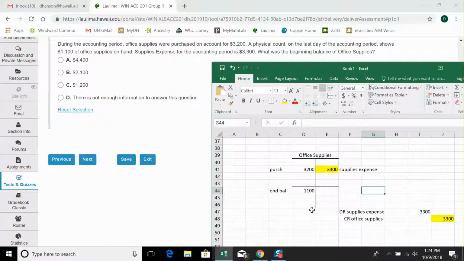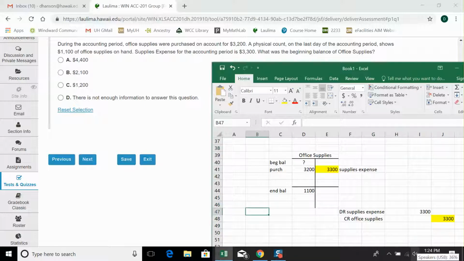So really what we're doing now is we're solving for the beginning balance. Right? What we need to do is figure out, that's the question mark, what the beginning balance was. So we're saying, what plus 3,200 minus 3,300 gives me 1,100.